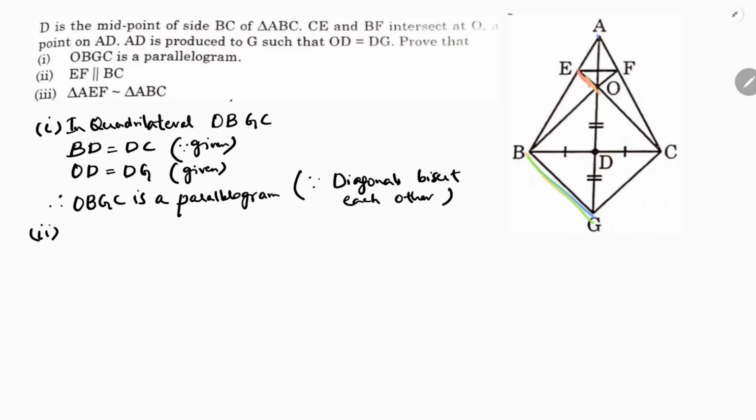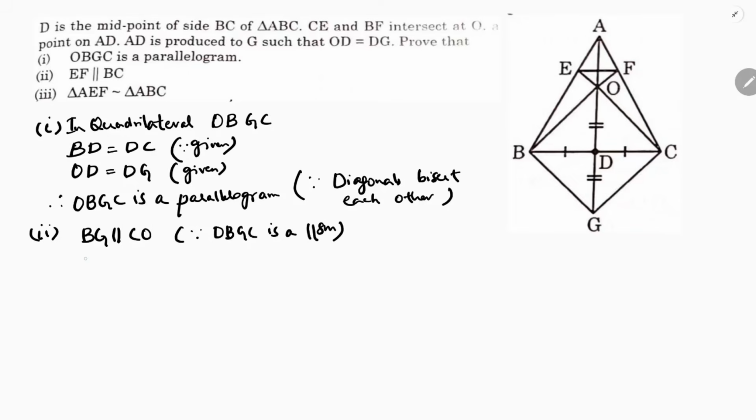So this way, I can take this triangle EBG. I'll write and show you. Second one: BG is parallel to CO because OBGC is a parallelogram.